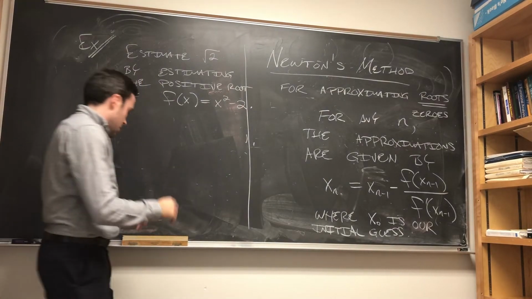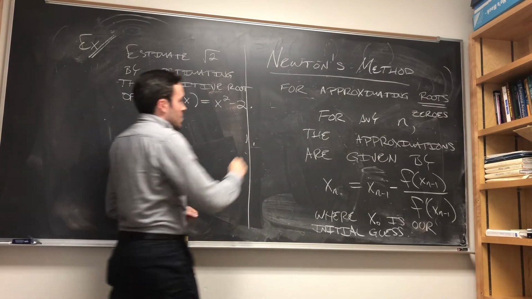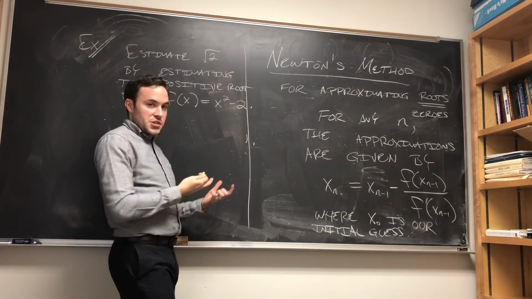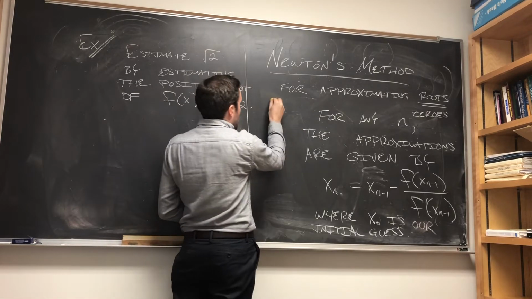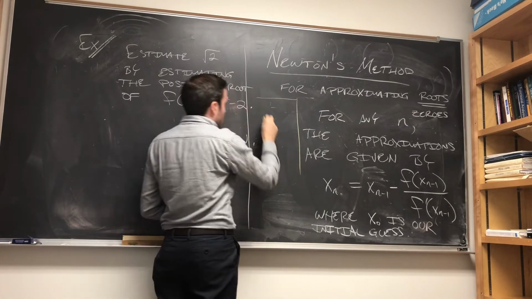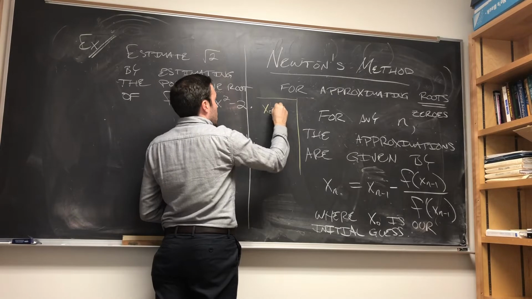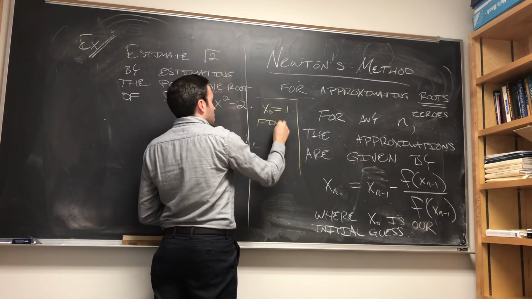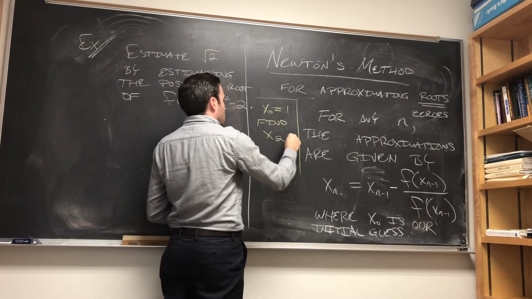And now just to put us all on the exact same page here, we're going to use Newton's method, which I mentioned at the very beginning, with x naught equal to 1, and we're going to find x2.